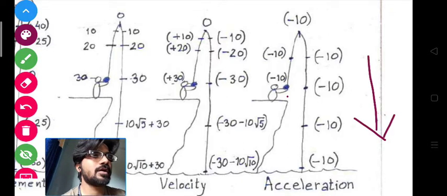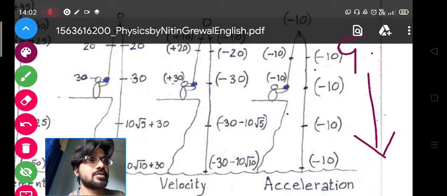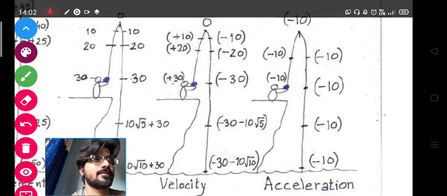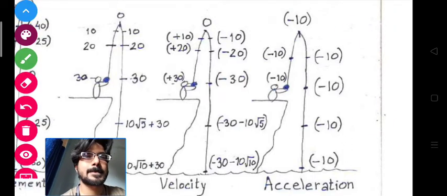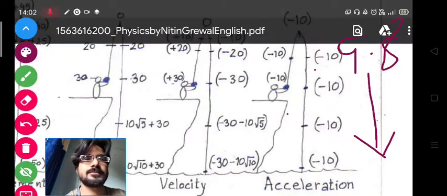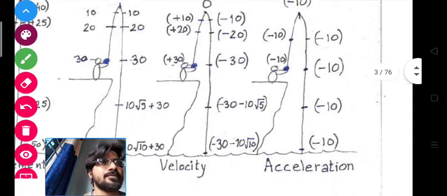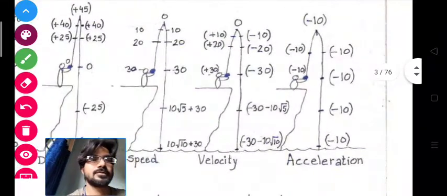So at every point, actually it is 9.8 meters per second square. This is the value of the acceleration.